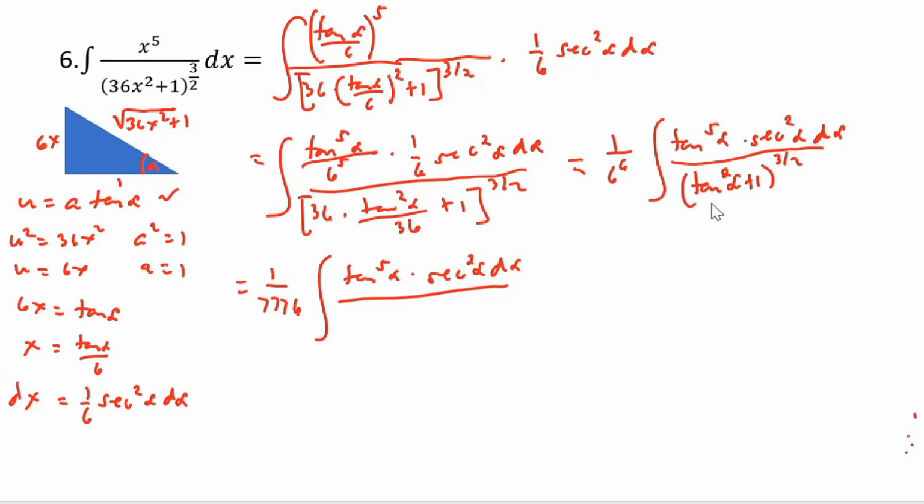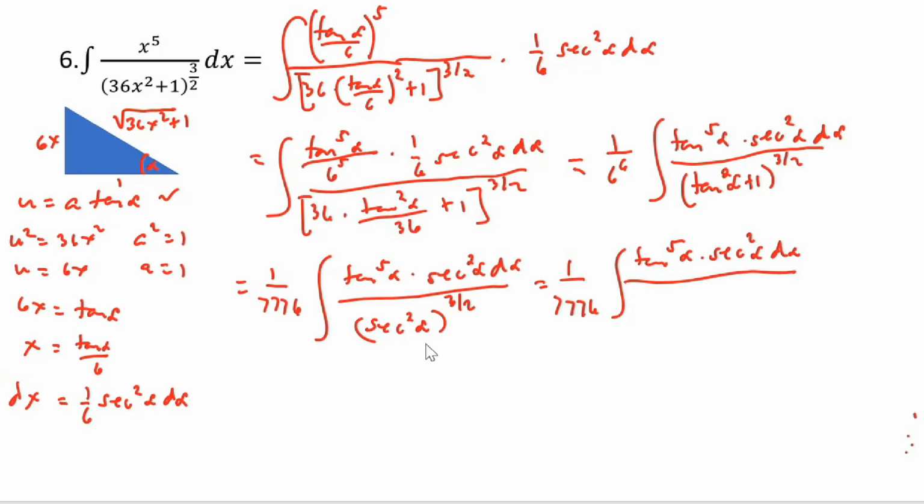First, we are going to use the identity tangent squared alpha plus 1 equals secant squared alpha, so it becomes secant squared alpha to the power of 3 halves. Next we have to simplify the denominator. I will write first the other terms. We have now 1 over 7,776 times the integral of tangent to the fifth power alpha times secant squared alpha d alpha.